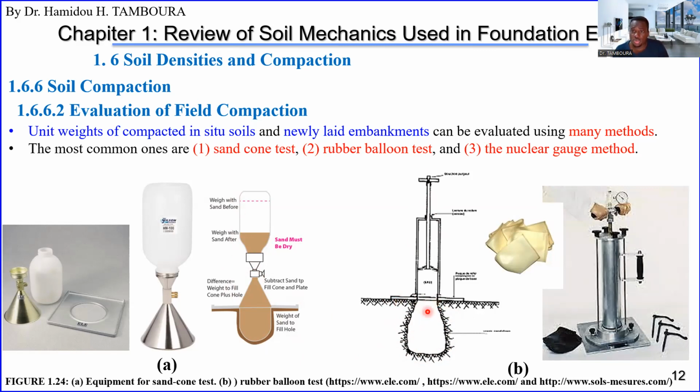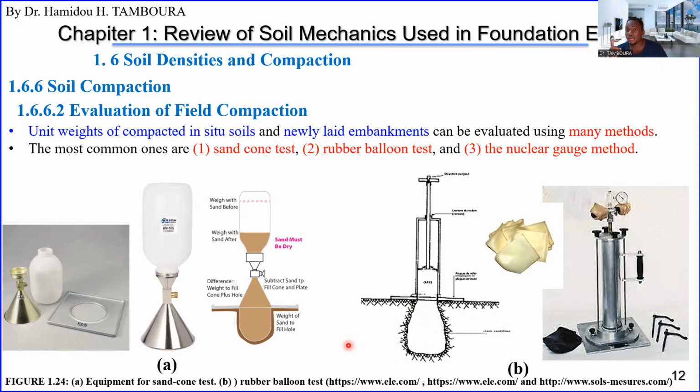Okay, so the mass of the soil from this hole divided by the volume of this hole will give you the compacted humid weight, the compacted bulk unit weight.